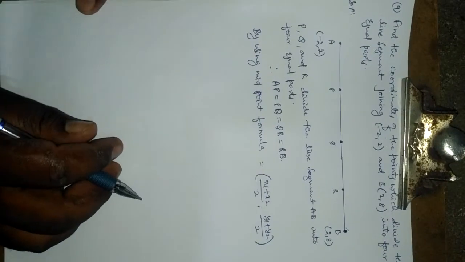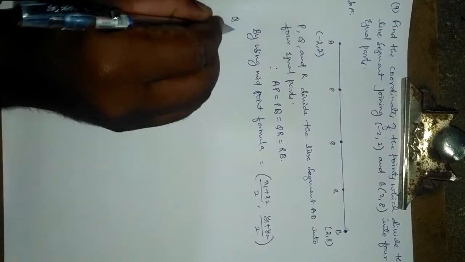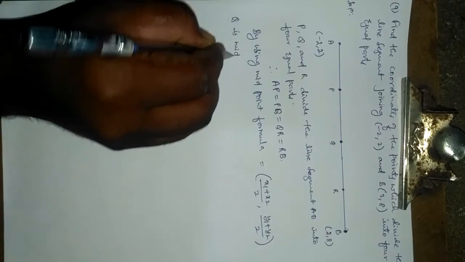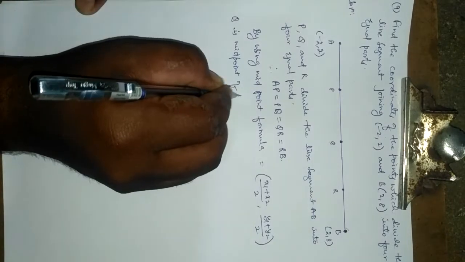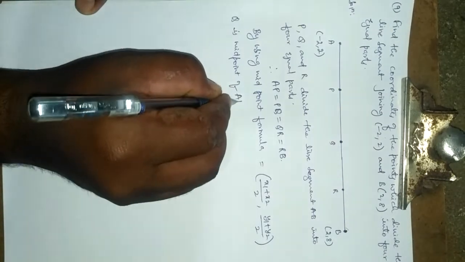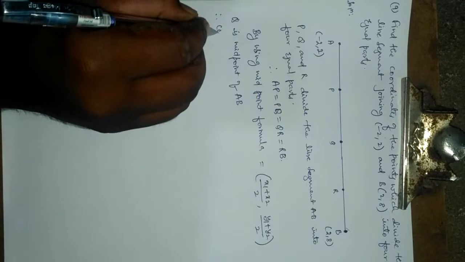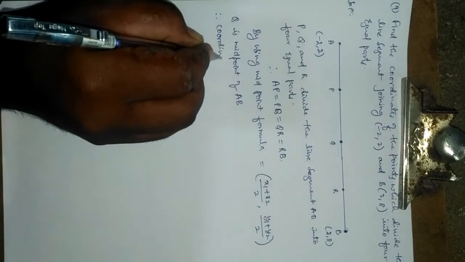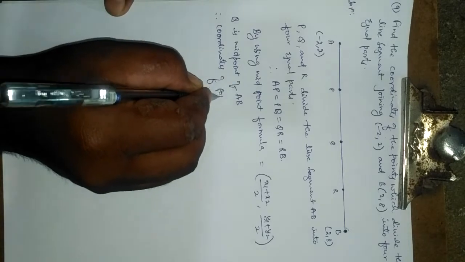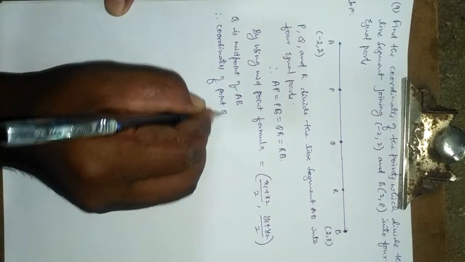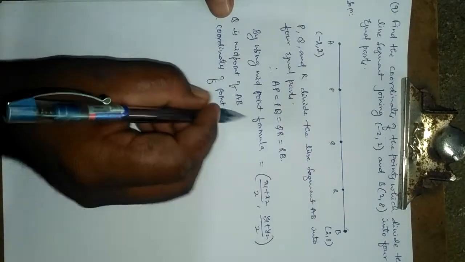So now first we have to consider Q as the midpoint of AB. Therefore, the coordinates of point Q: here Q is the midpoint of AB.